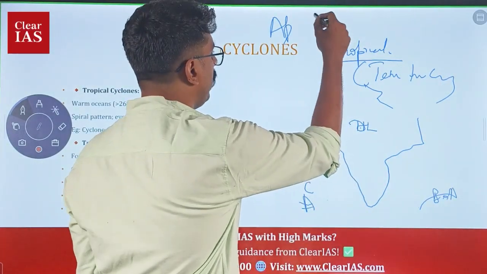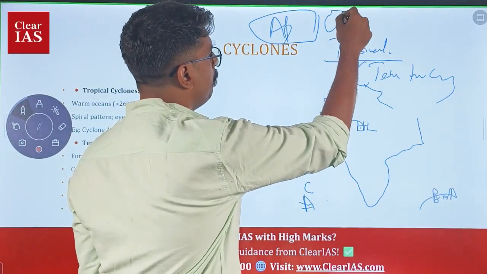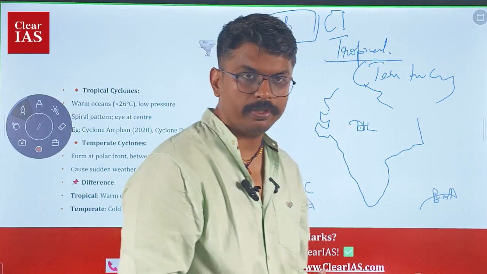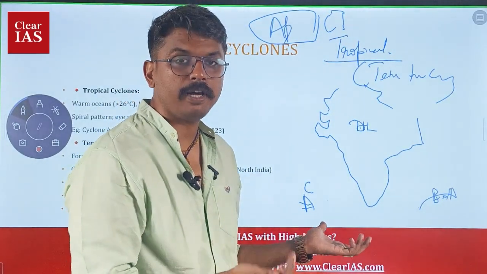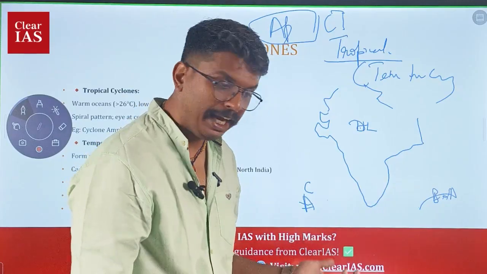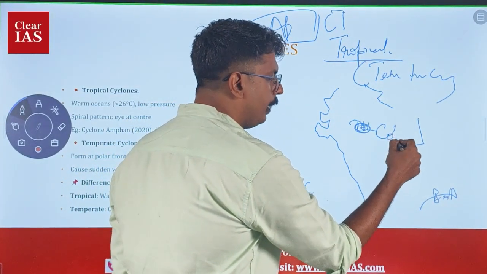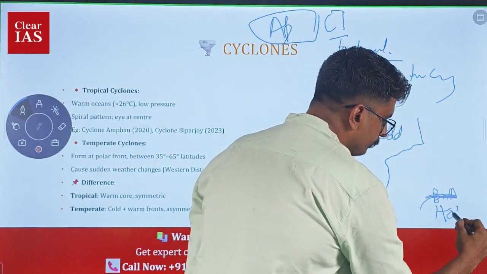April, May, June, July, the summer season gets over. August, September, now we are entering the winter season, the colder season. Now what will happen? Which will become colder fast? Land will become colder fast. So land has become cold now, but the water is still hot.